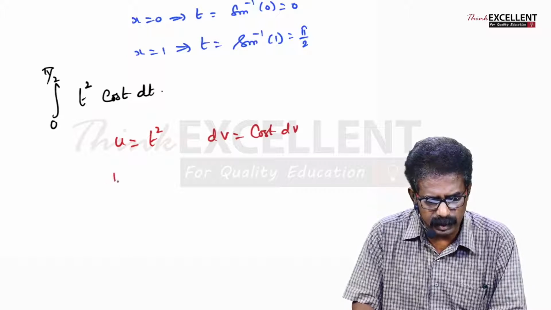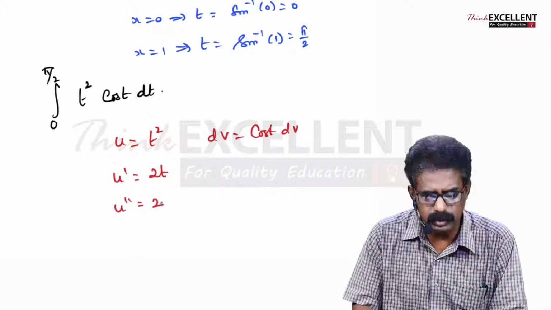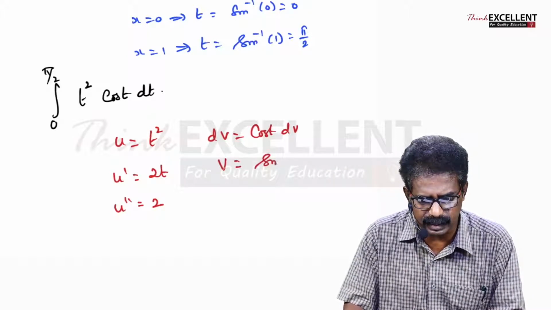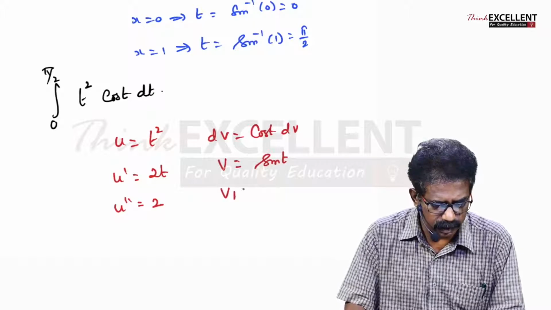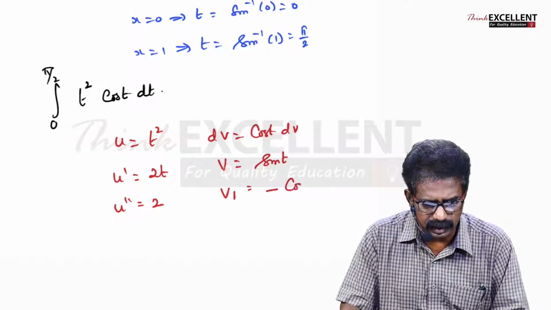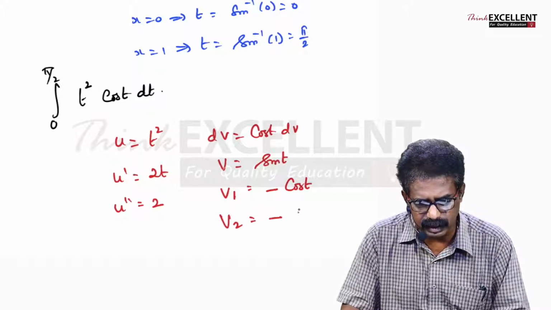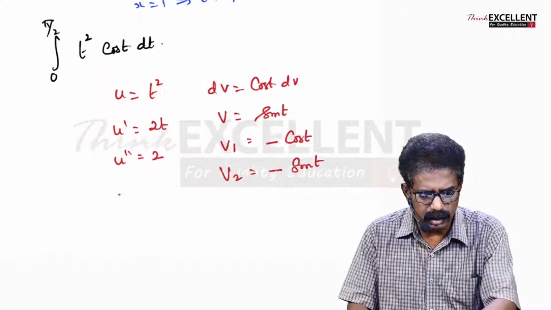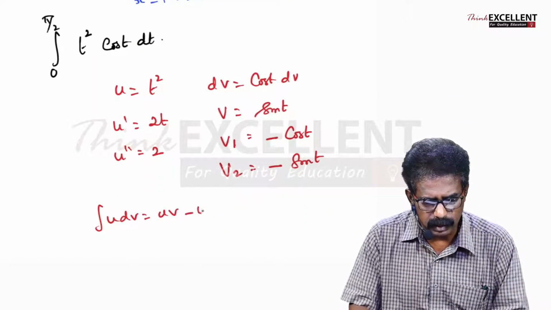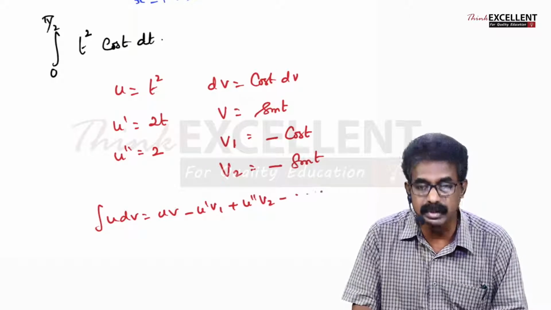Keep on differentiating: u dash 2t, u double dash 2, third derivative will be 0. Here first integration, cos integration is sin. v1, first time when you integrate, sin t; v2, up to v2 we need, right? Minus cos t, integration is sin t. So Bernoulli's formula: integral u dv is equal to uv minus u dash v1 plus u double dash v2 minus u triple dash v3, etc.